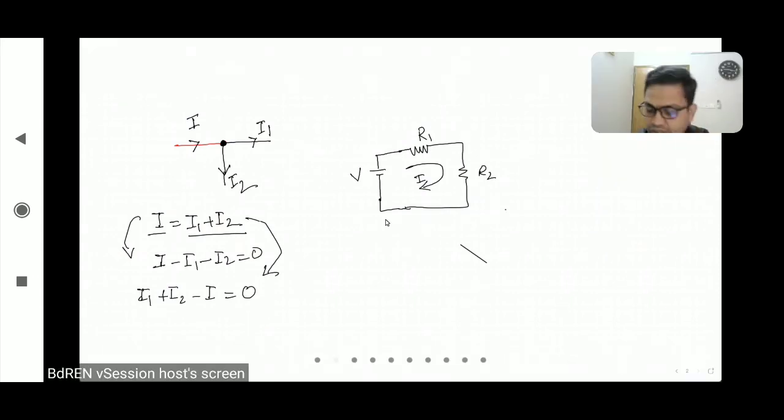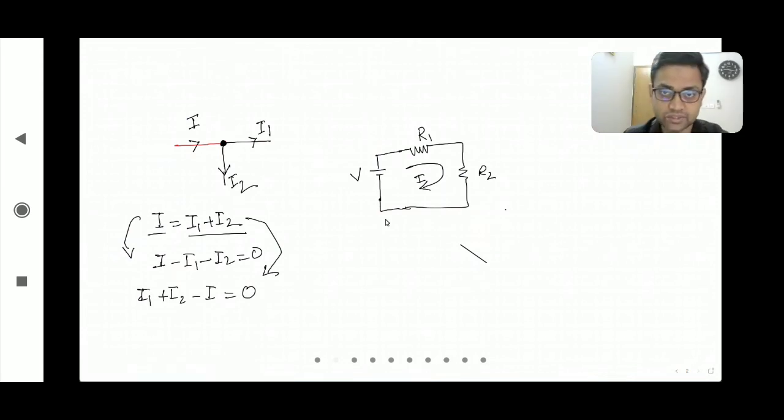Kirchhoff's voltage law is true in any closed loop. According to Kirchhoff's voltage law, the total summation of the voltage in any closed loop is equal to 0. For example, V minus IR1 minus IR2 equals 0.